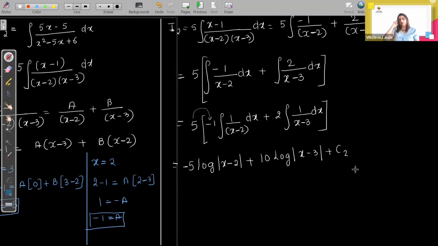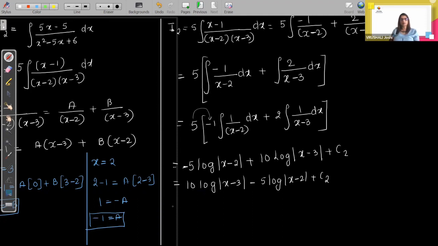Are you getting what I'm saying? So let's arrange this a little. The minus one we take to the back. So this is going to be 10 log modulus x minus 3 minus 5 log modulus x minus 2 plus C2. Now our answer is going to be what? Finally, our answer has to be written with I1 plus I2. What will I1 plus I2 be?